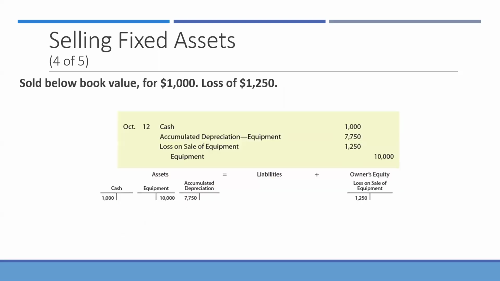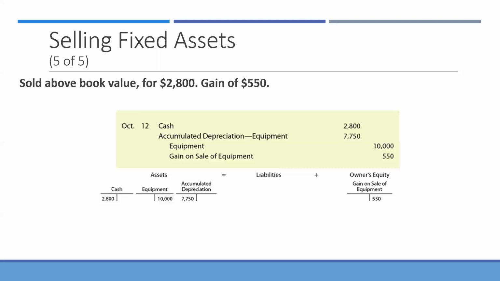And if we sold it for 1,000, we would have to record a loss as a debit for $1,250 because we're short that amount on our debits. They both need to equal 10,000. And also, that's the difference between the cash received and the net book value.